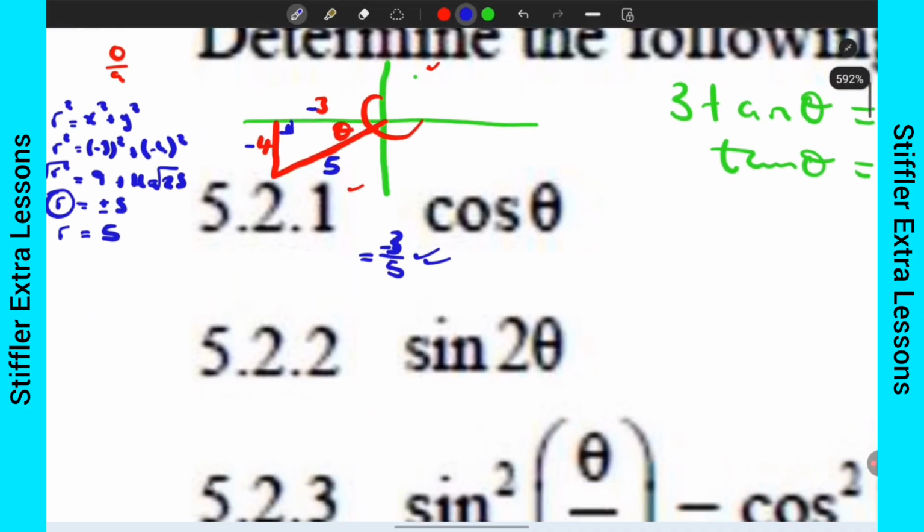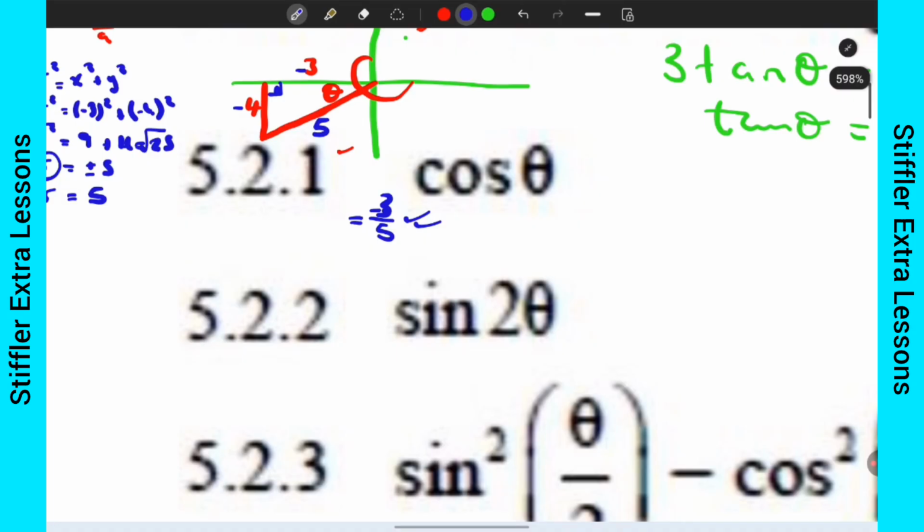And then we can move to sine 2 theta. So what is sine 2 theta? Because here we're having theta, we don't have 2 theta, it means that we can reduce 2 theta into single angles, not double angles. So sine 2 theta is equivalent to 2 sine theta cos theta. So this will be 2. What is the value of sine theta? It is opposite over hypotenuse.